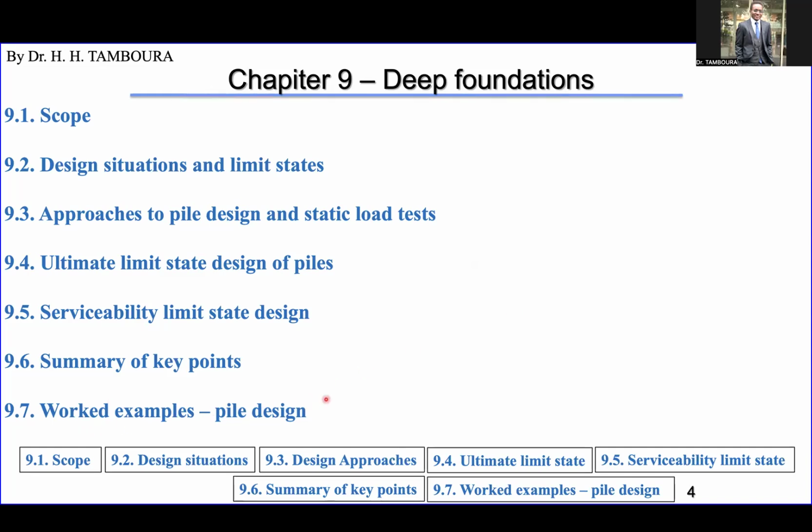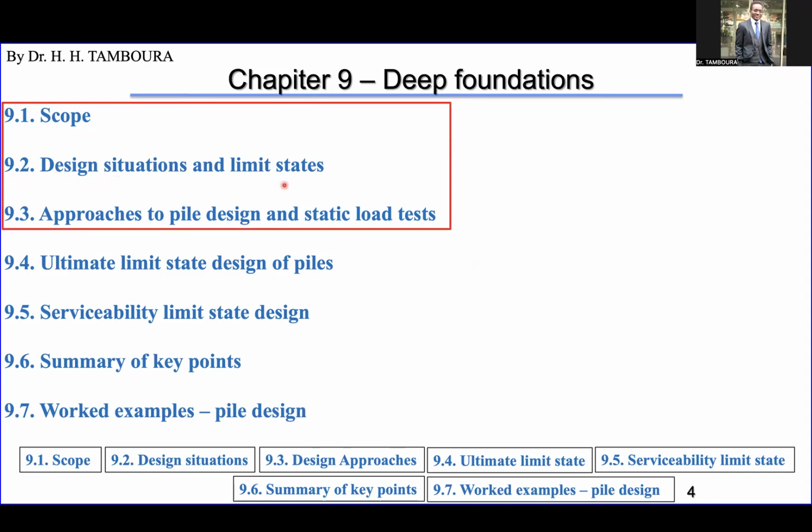Today we are going to talk about the first three points: scope, design situation and limit state, and different approaches to design and to design pile, and also static load test. So we are going to see the preliminary today, and next time we will see the ultimate limit state design.